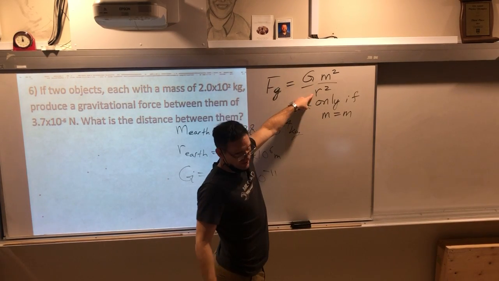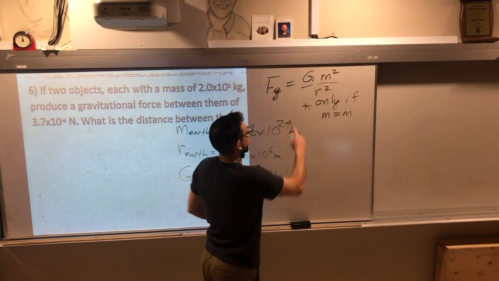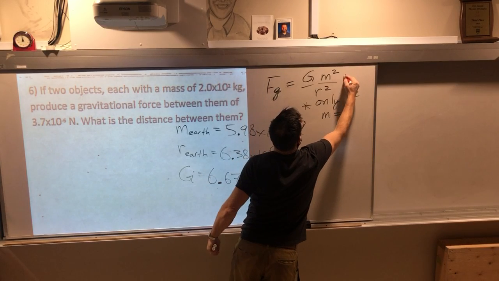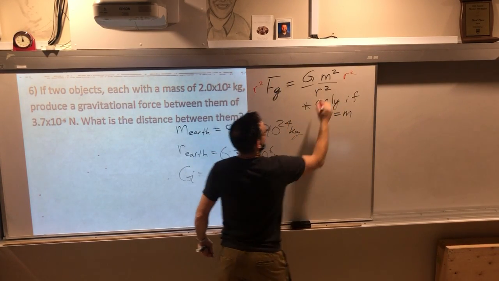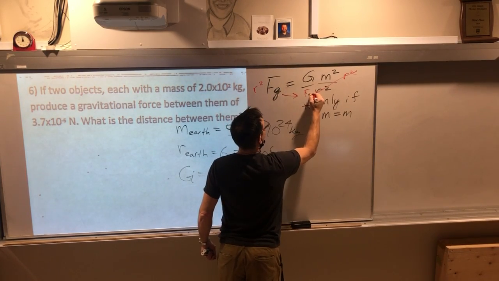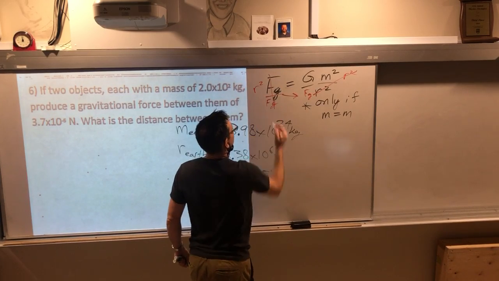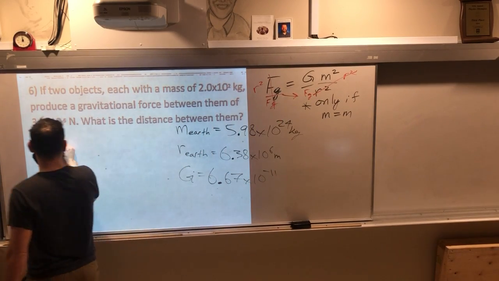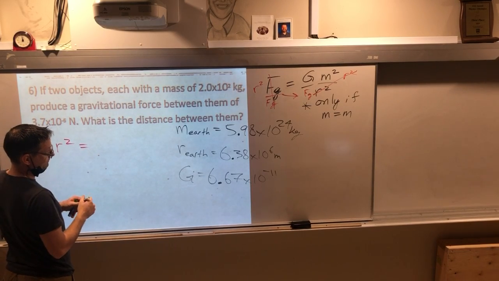I don't like that this is on the bottom, so I'm going to change it. Multiply it by FG on both sides, or just think, I'm going to move it up here and swap FG down here. There you go. And so R squared is going to equal what?